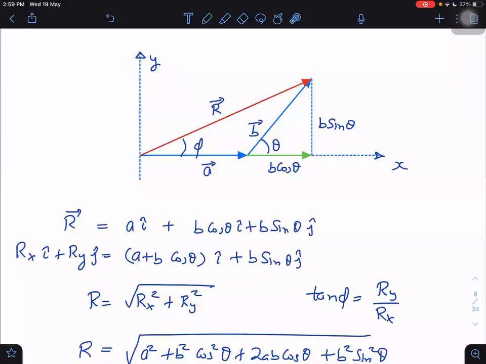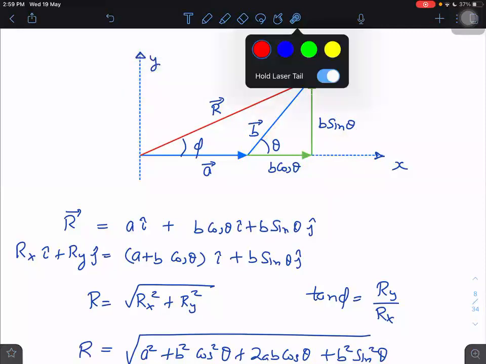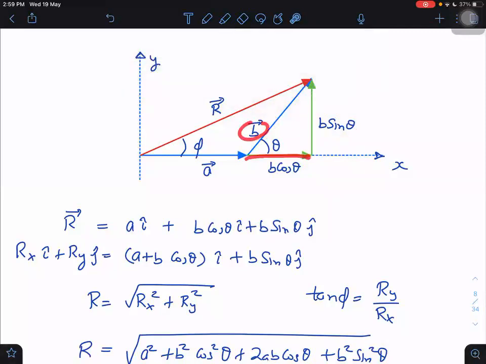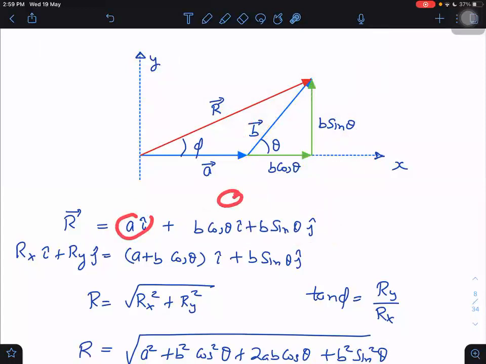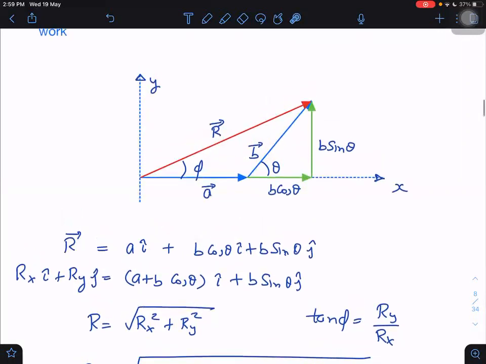I can just replace B vector by these two vectors. That is what I have done here. I wanted to add A with B, but instead of adding A directly with total B, I can take the components of B and then add. That is also the same thing. We can do that, right? Actually, I am using one property.